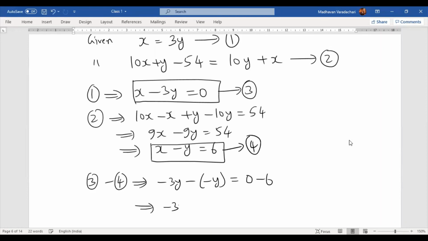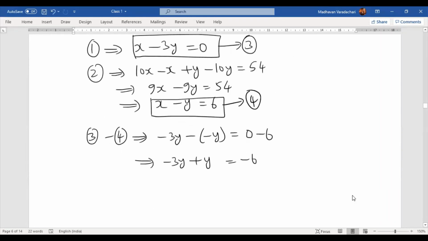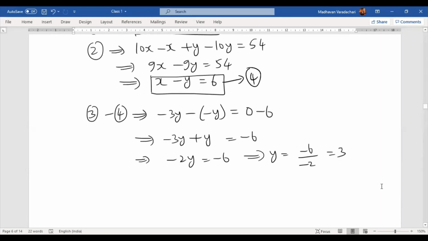Minus 3y, minus of minus becomes plus, equal to minus 6. Means minus 2y equal to minus 6, or y equal to minus 6 by minus 2, which is nothing but 3. Now I can find out what x is. Substitute that in the fourth equation: x minus 3 equal to 6. Then x should be 3 plus 6, which is 9.